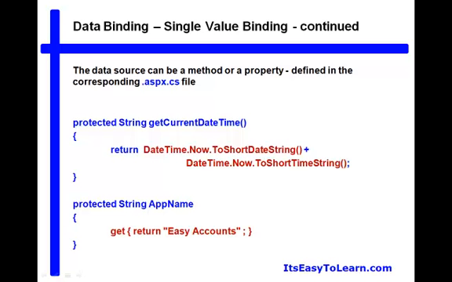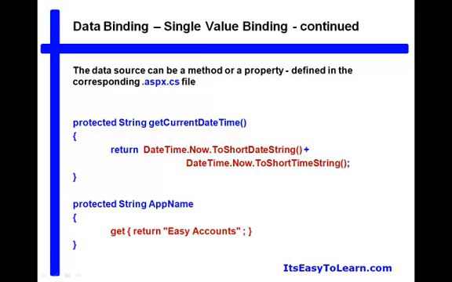Here is the implementation for the method getCurrentDateTime, which will return a string. The app name is also a property which returns a string. This way, the string data is associated with the two labels. The getCurrentDateTime method is the data source for the first label, and the app name property is the data source for the second label.